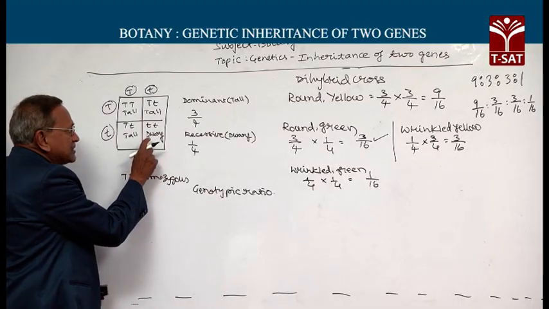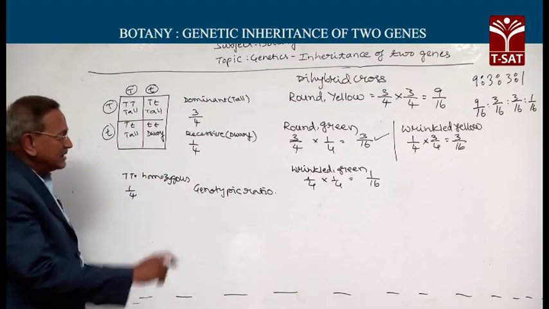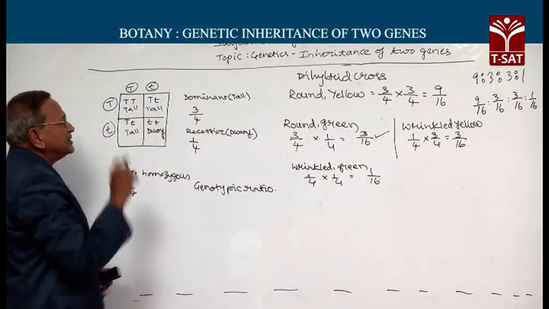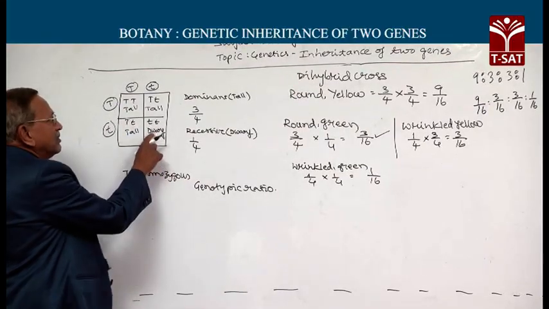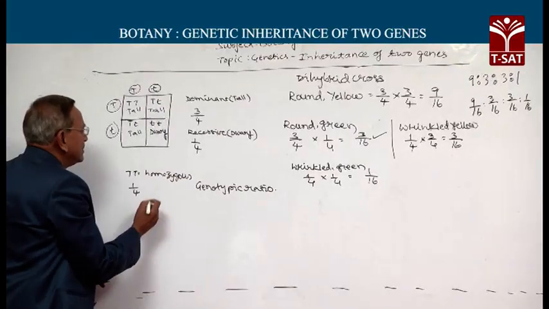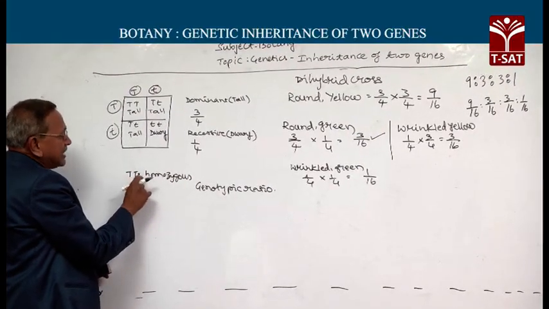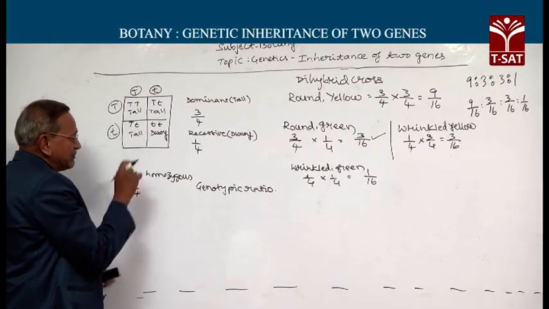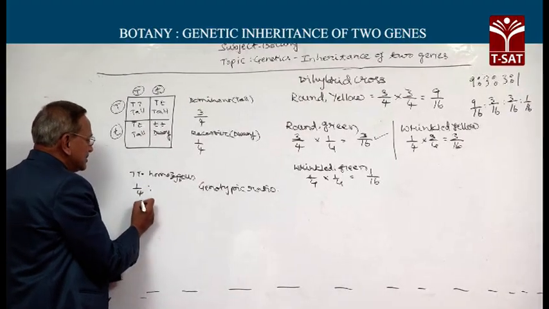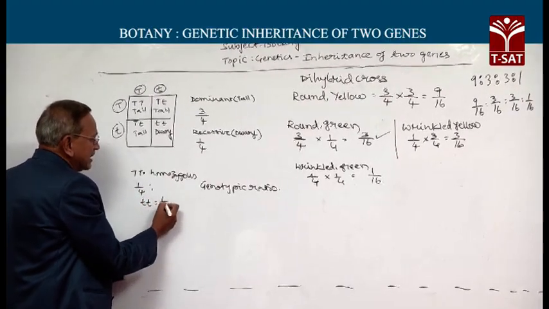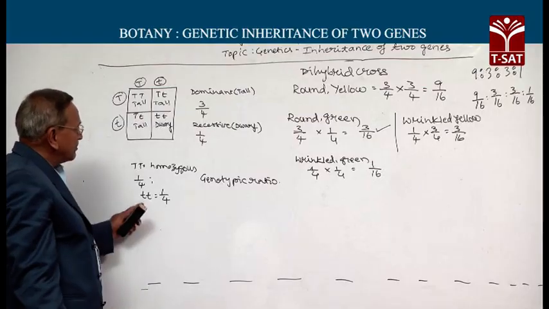What about the small t dwarf? How many dwarf progeny are there in the F2? You have only 1 out of 4. So whether it is capital T homozygous, it is 1/4, or it is small t, then also its value is 1/4.